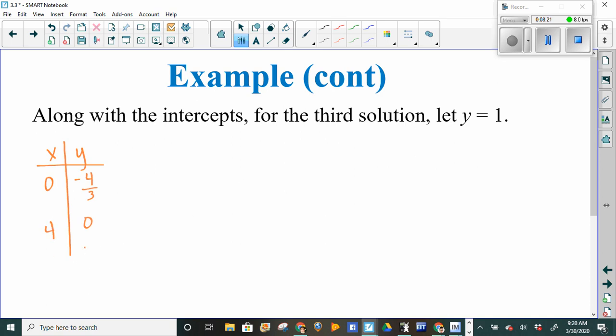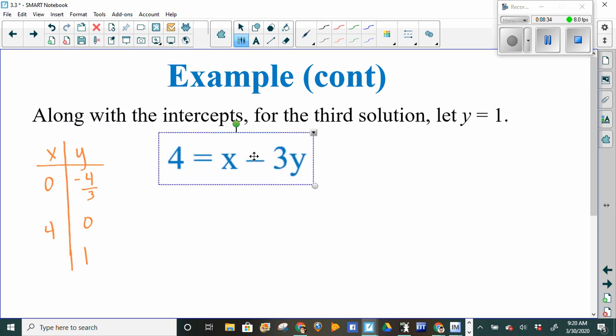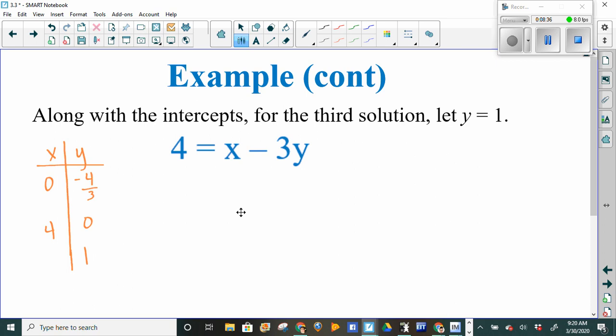So now they're saying let y be 1. And go ahead and find that third point. Even though we don't graph it in my math lab, we're going to use it to check to see that we're on the graph. So I'm going to go back over here and put my equation. So now I've got 4 equals x minus 3 times 1. 4 equals x minus 3.